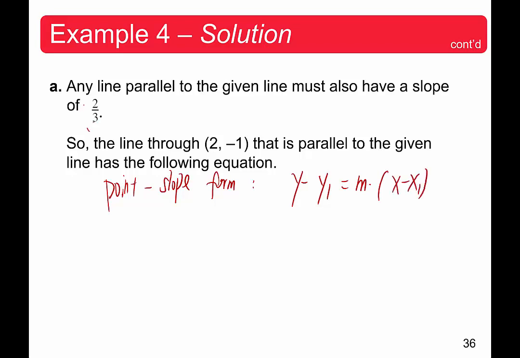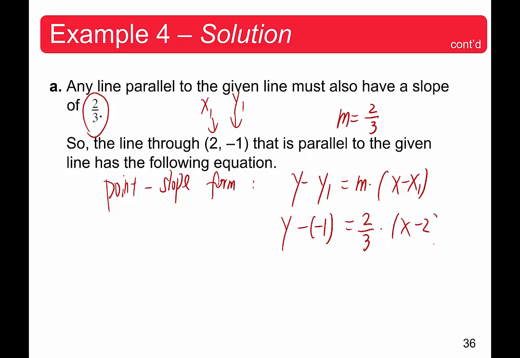So the parallel line has a slope of 2/3, and given point x1 is 2, y1 is -1. So y minus y1, that's y minus -1, equals slope 2/3 times x minus 2.